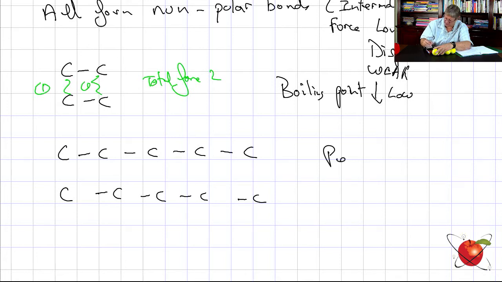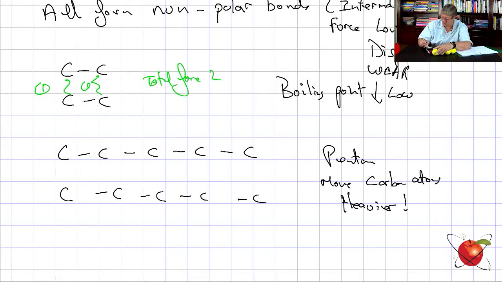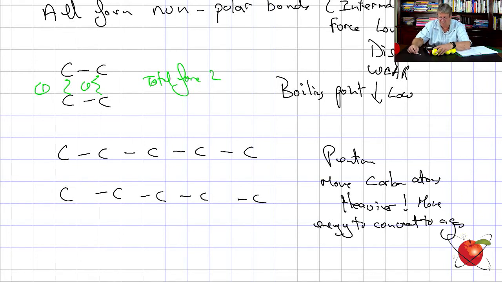So here we've got pentane. We've got more carbon atoms. So first of all, we know that it's heavier. Heavier means more energy to convert to a gas. On its own, it's heavier.